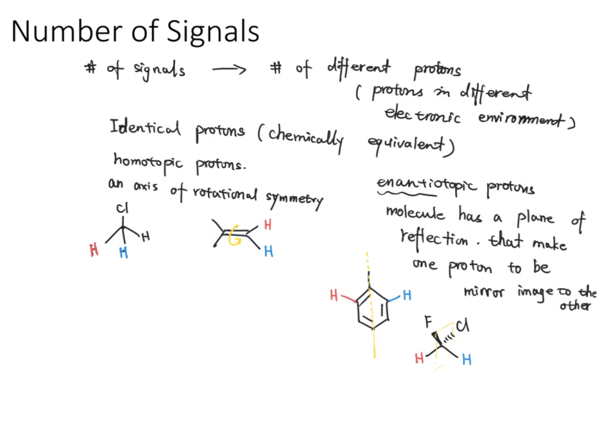We can find a plane that goes through this carbon and this fluorine and chlorine. So the red hydrogen and the blue hydrogen are mirror images of each other, so they are also enantiotopic protons.